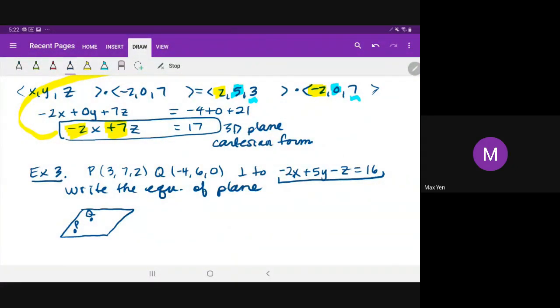Okay, so PQ is perpendicular to this object. But what is that object right there that I underlined? What object is that? Is it a line?